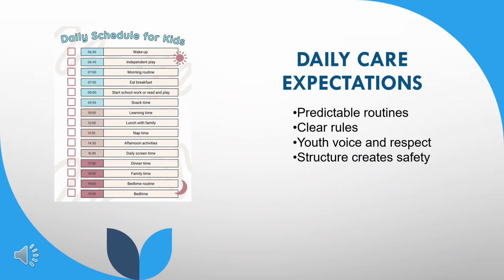Snack time, learning time, lunch with family or really lunch with us, nap time or quiet time, afternoon activities, daily screen time. We don't really have that. We have minimal screen time, so we have to be mindful of that as well. Dinner time, visitation would be like family time, bedtime, bath time routine, and like at bedtime, do we read the kids a book and things like that.